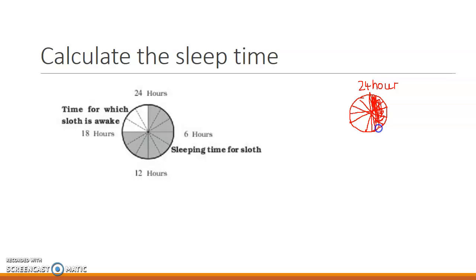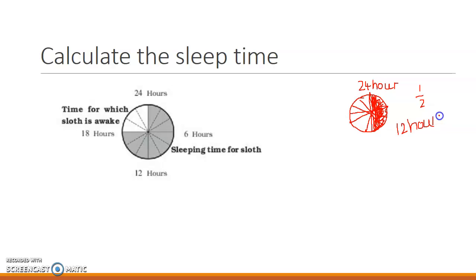If this is the sleep pattern of the lizard, for how many hours does it sleep? You can see from this, how much part is it? 1/2 of the total time, half the time. Half of 24 hours is how many hours? 12 hours.